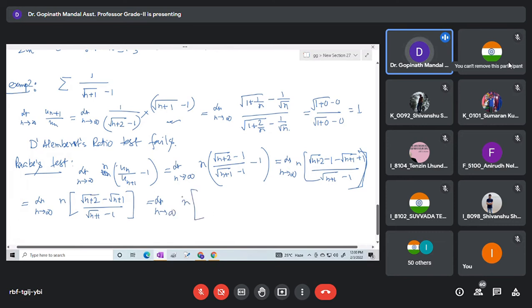So divide by root n, upper and lower, 2 by n minus 1 plus 1 by n. One plus 1 by n.